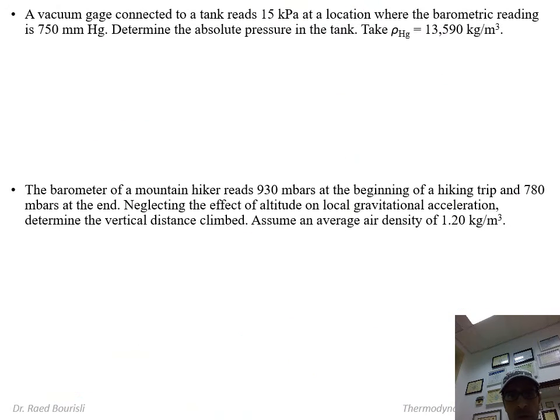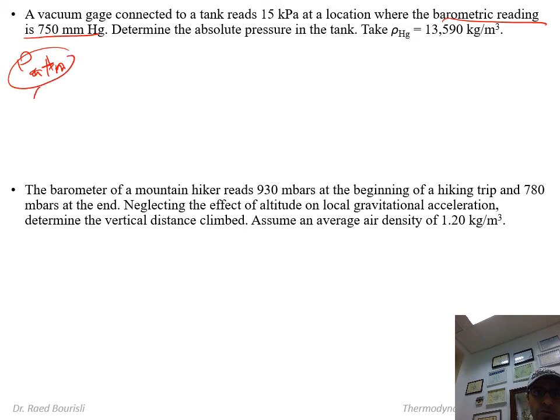Now, a vacuum gauge, let's look at this problem. A vacuum gauge connected to a tank reads 15 kilopascal at a location where the barometric reading is 750 millimeter of mercury. Barometric reading means this is some information about P atmospheric.